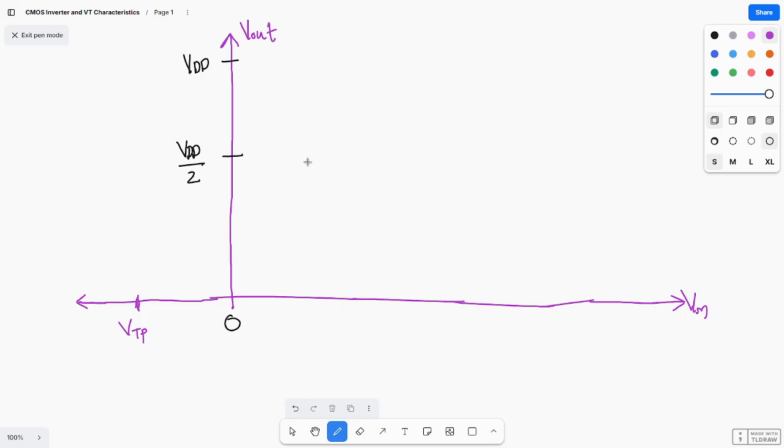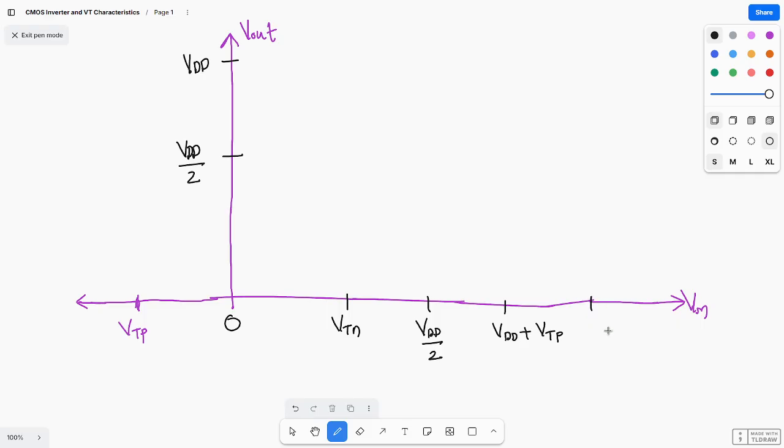Okay, so if you observe here, this is 0 and next this one is VTN, and here this is VDD by 2, and here VDD plus VTP, and here we can consider VDD.